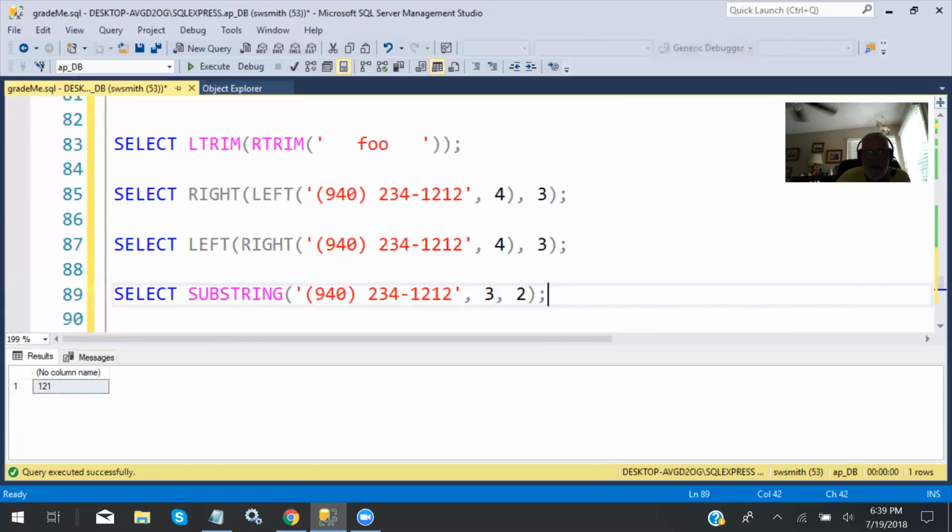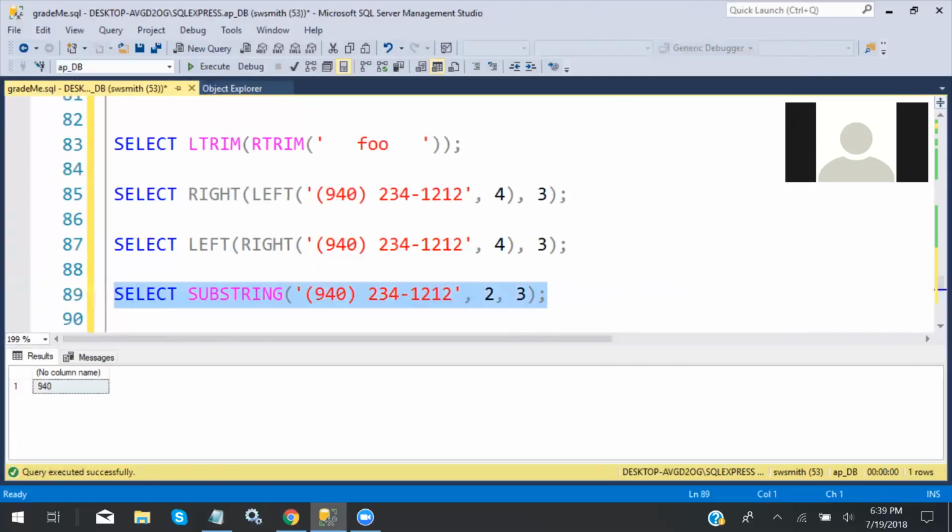So I believe that will give us the 940 also. Oops, gives us 94. Okay, beginning at position 2, I want 3 characters. That ought to get me. See, position.